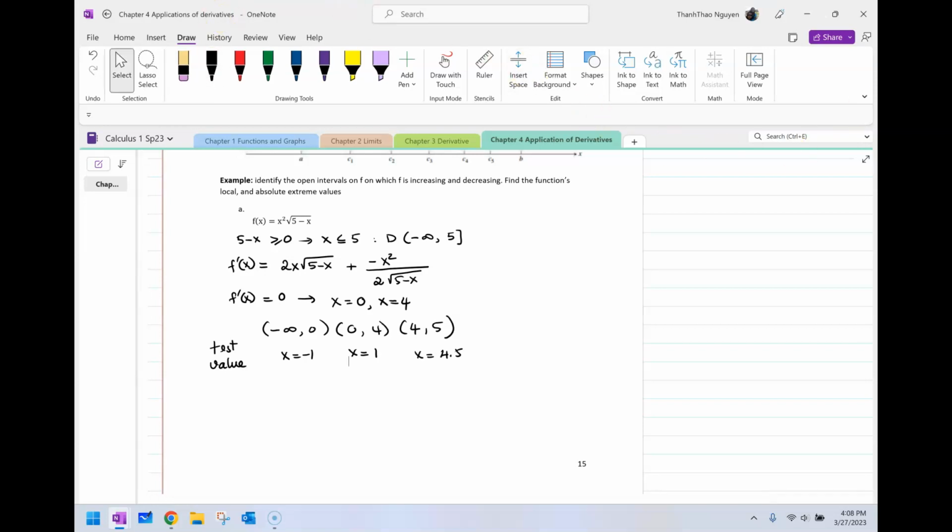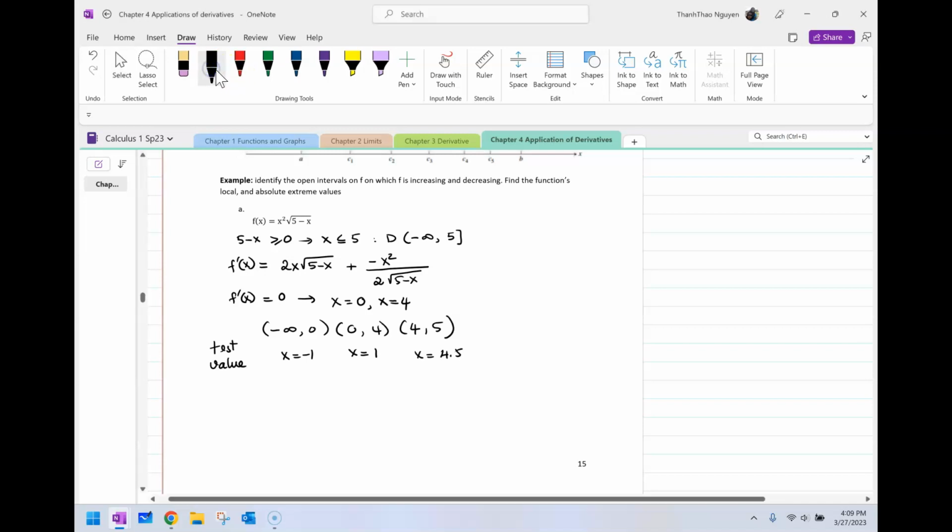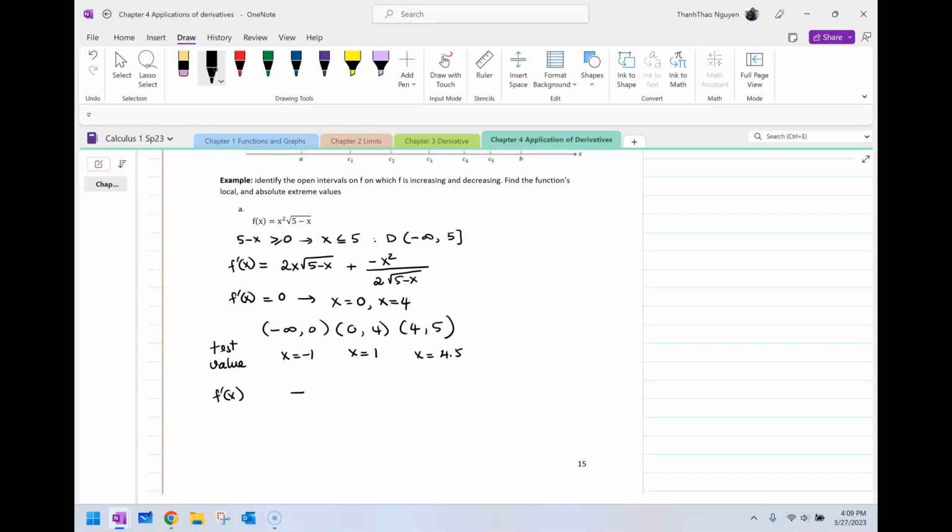And we will see whether f prime of x is positive or negative in each interval. When you plug these values into f prime of x, you see that f prime of x is negative in the first interval, positive here, and negative here. This means that f of x is increasing on the interval 0 to 4.